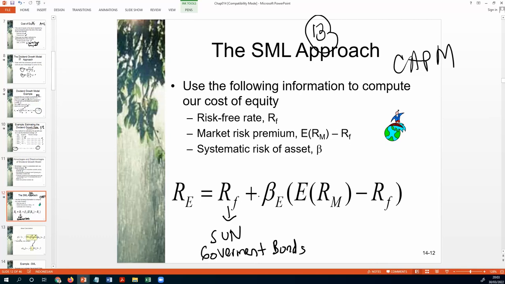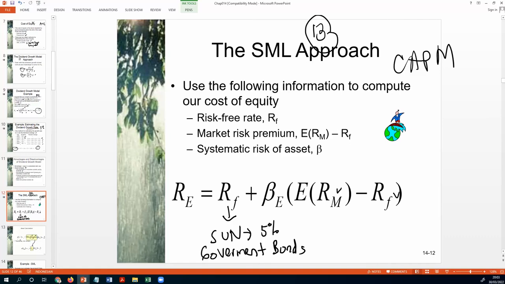Currently, Indonesian government bonds return is around 5% per year. Let's call it 5%. Plus beta of the market minus the risk-free asset.